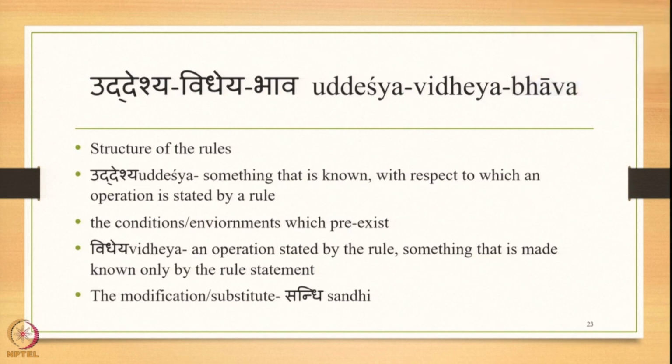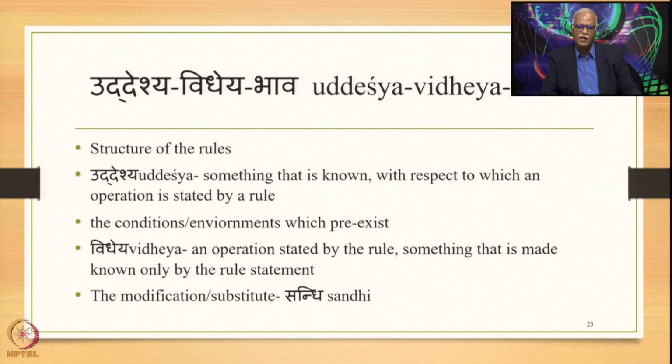Similarly, the other important terminology that we need to remember is uddeshya vidheya bhava. This is how the rules are structured. There is something called uddeshya and something else called vidheya. Uddeshya is something that is already known, with respect to which an operation is stated by a rule. This is vidheya, and generally this vidheya is what is new, which is not known before. Uddeshya is generally in the form of conditions or the environments which pre-exist, which serve as the input, and vidheya is an operation stated by the rule, something that is made known only by this rule statement.